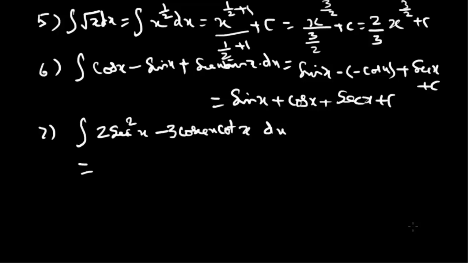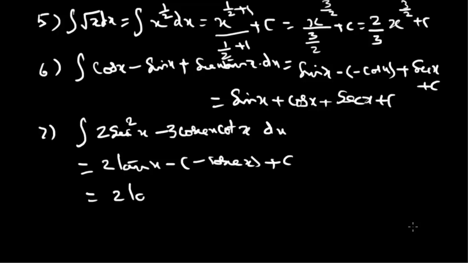So this is equal to 2, you keep it like that. Integration of secant squared x is tan x, minus cosecant x cot x integration is minus cosecant x. And then the indefinite constant c we add. This is nothing but 2 tan x plus, minus into minus is plus, cosecant x plus c.